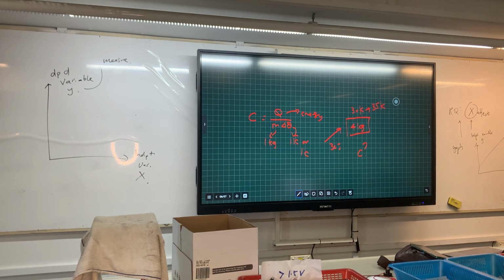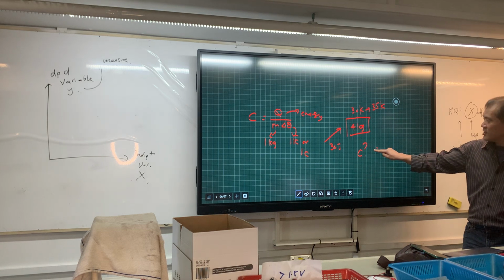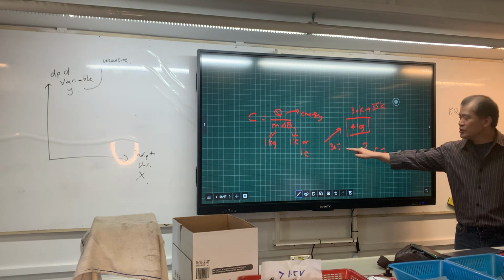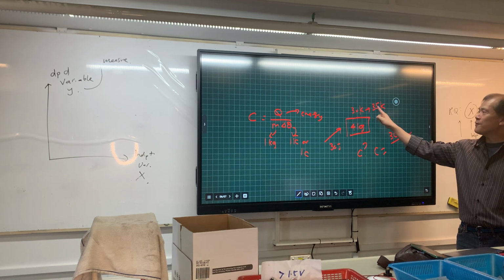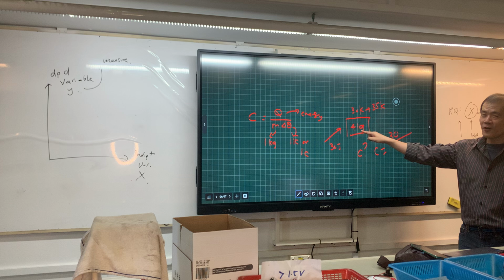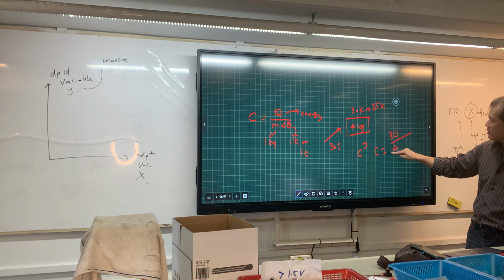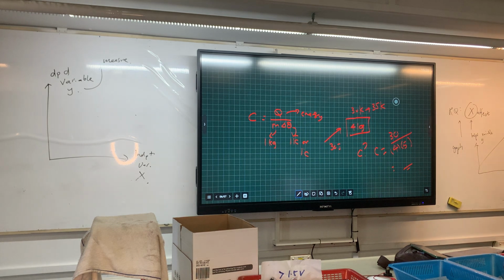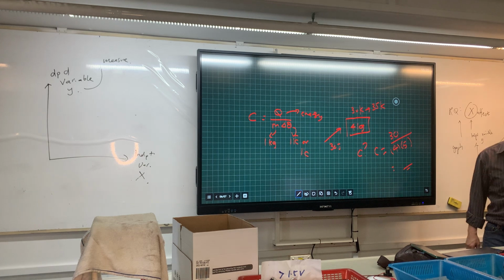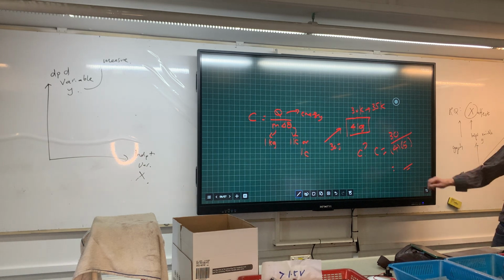Say again. Very good. Your C will just be your energy needed, which is 30, spread over 5 Kelvin for 4 kg. So 30 over 4 and 5. For 1 kg, yes. Cool? So it's not like a constant, it's like a value.